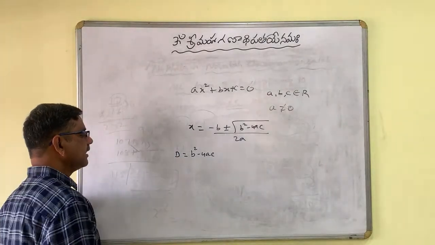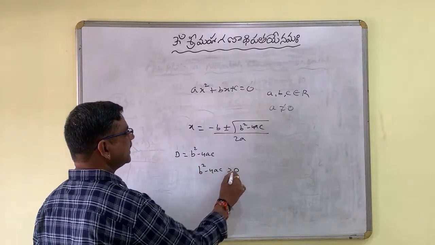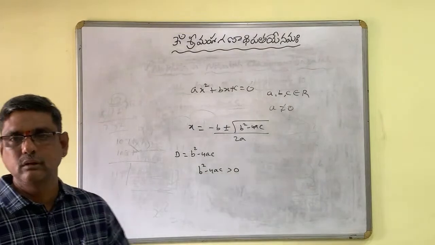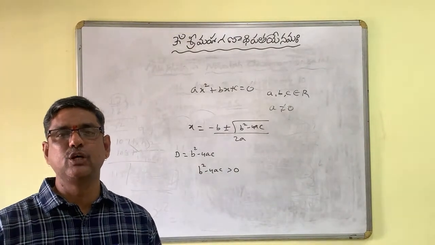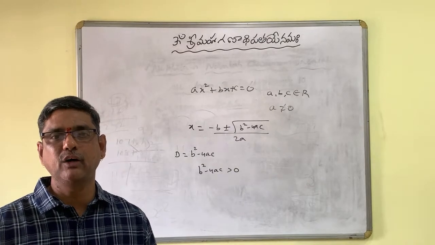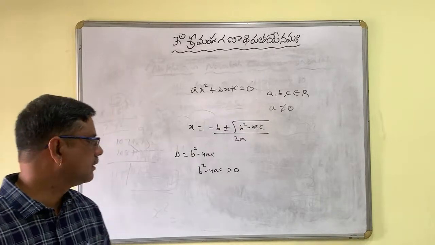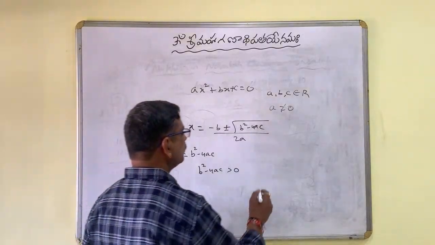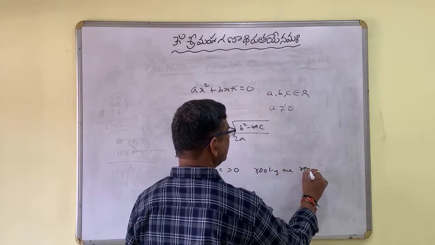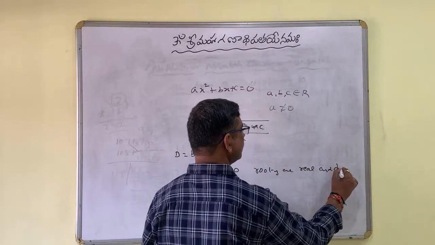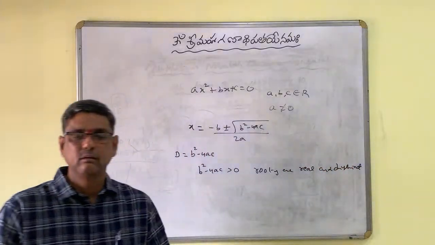See, if this b square minus 4ac value is greater than 0, which means it is a positive number, then the roots of the given quadratic equation are real and distinct.